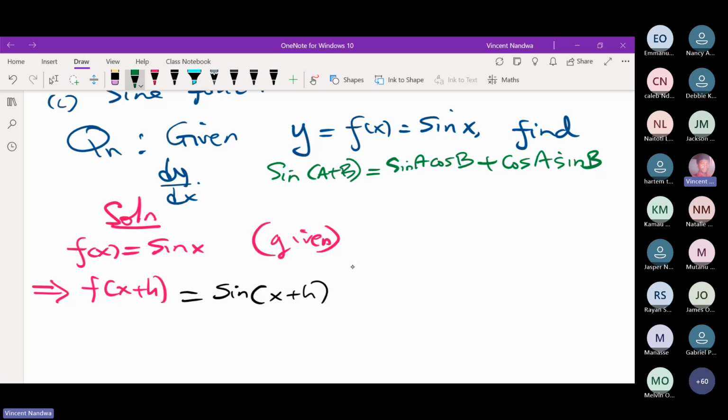So we apply the same thing to this, and we'll have sine of x times cosine of h plus cosine of x times sine of h. This is just using this definition.